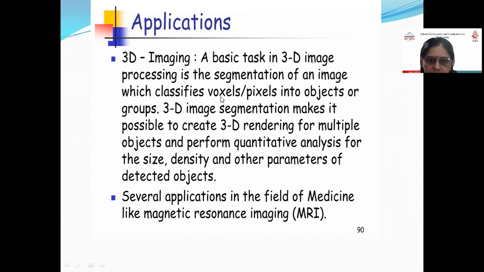We can classify voxels into objects or groups. 3D image segmentation makes it possible to create 3D rendering for multiple objects and perform quantitative analysis for size, density, volume, and other parameters of defective objects. So image segmentation is required in many real applications of image processing.